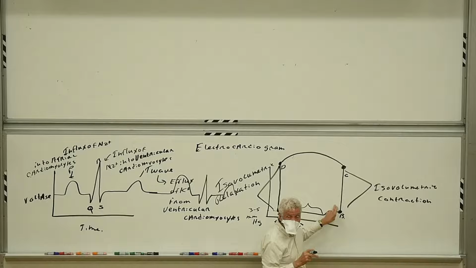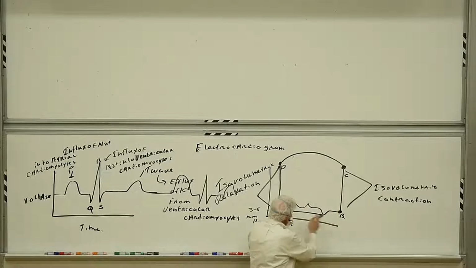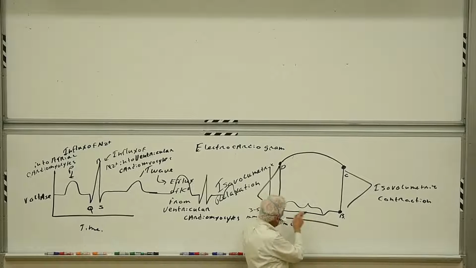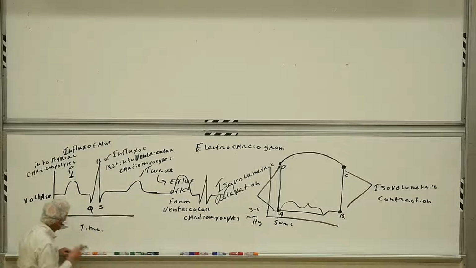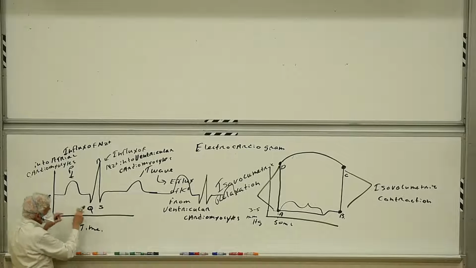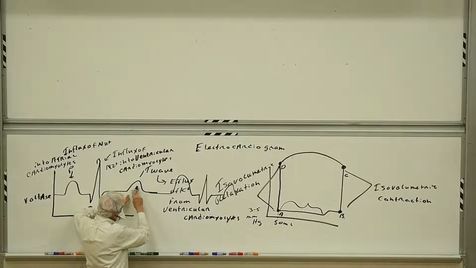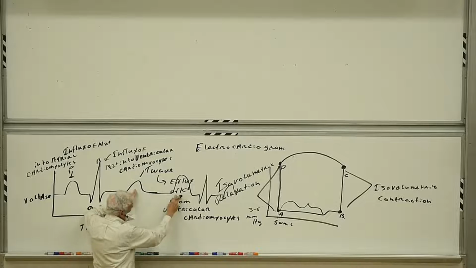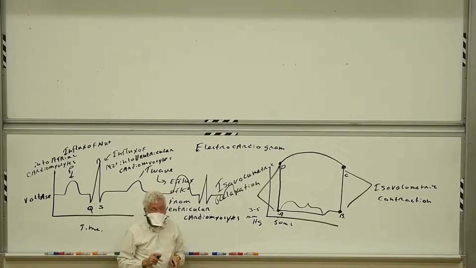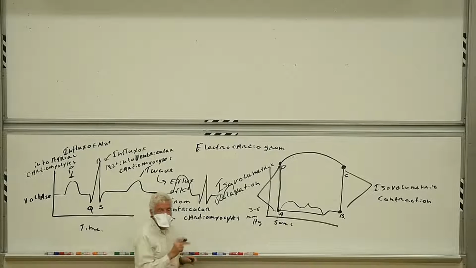That's where this little bump comes from. That's the pressure. But you're right, trying to impose time on this. During the period of diastolic filling, if we come back to this thing, that's going to be between the T wave and the next P wave. Right.